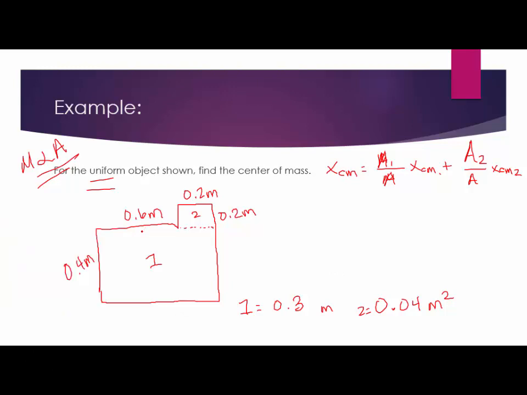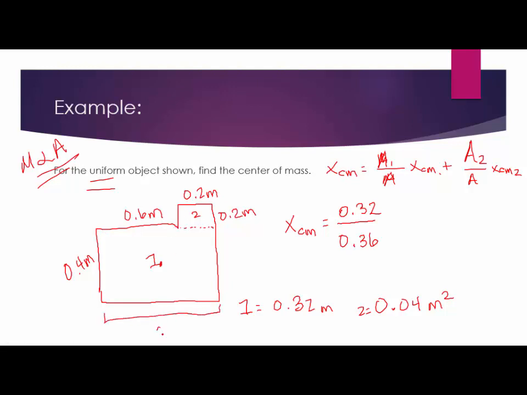For your x direction, we end up having xcm equals the area of 1, which is 0.32, over the total area, which is 0.36, times xcm, which is the center of mass in the x direction for the first part, which is going to be 0.4, because we have 0.6 on the top plus 0.2.